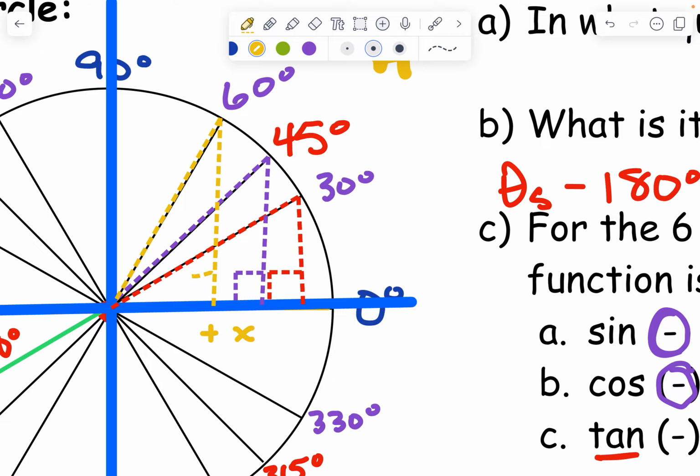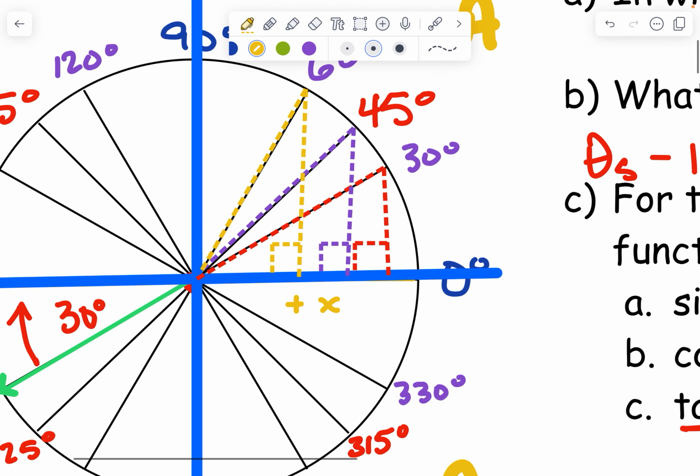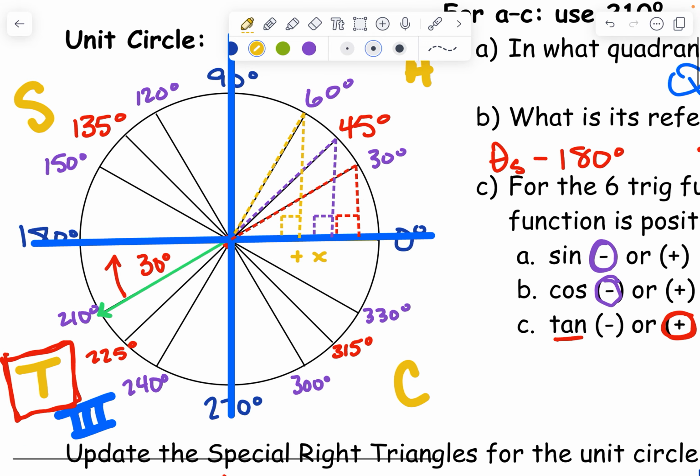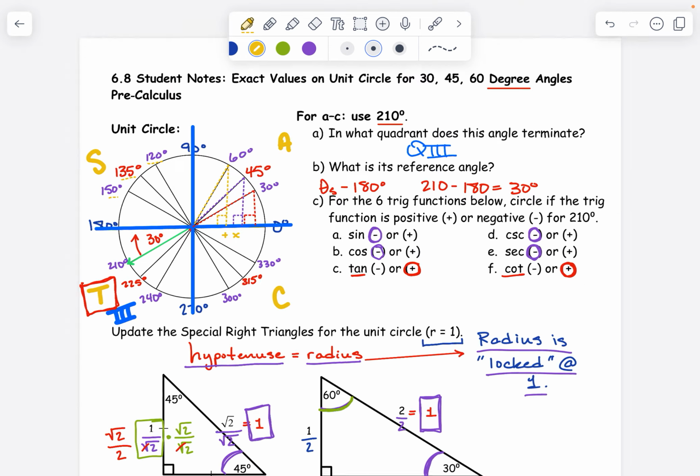So you can see how our special triangles that we've learned so much about this year actually make up the quadrants of our unit circle. If I flipped it over, that's where the 120, 135, 150 come from. It's like a reflection. And same thing for quadrants 3 and 4.